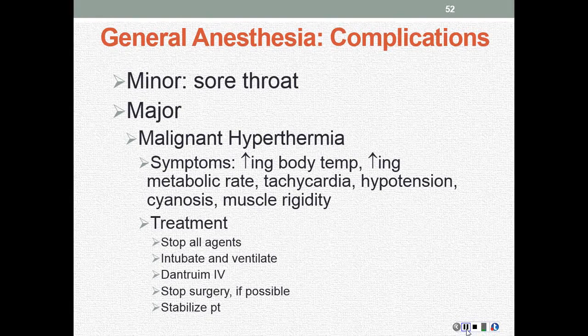That's an early sign. The tachycardia, their heart rate speeds up pretty quickly, that's an early sign. When their temp gets really, really elevated, that's a late sign, and I hope it has been identified before then, because this is something you've got to intervene on quickly.